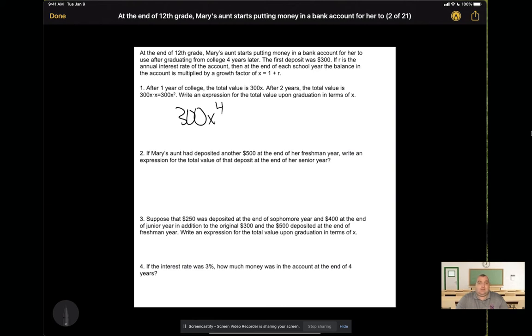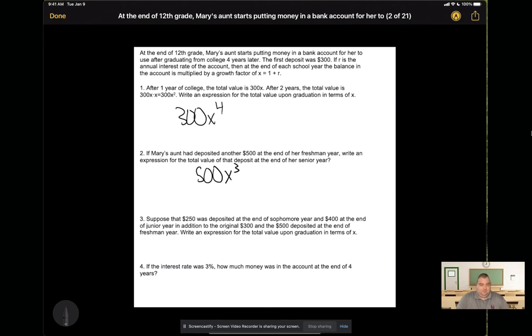At the end of her freshman year, she deposits another $500. That is only going to collect interest for 3 years. So my expression is going to be 500, the new investment, times x to the power of 3, because that $500 investment is collecting interest for only 3 years.